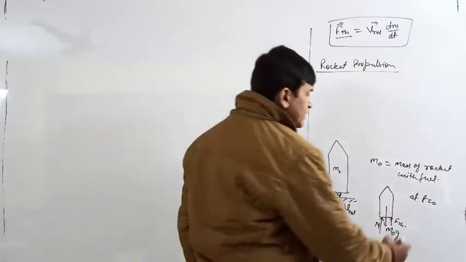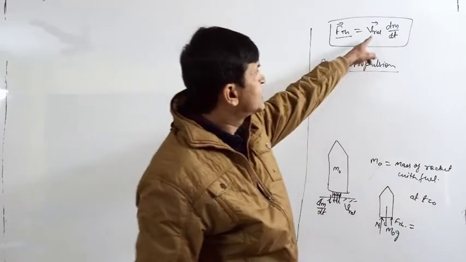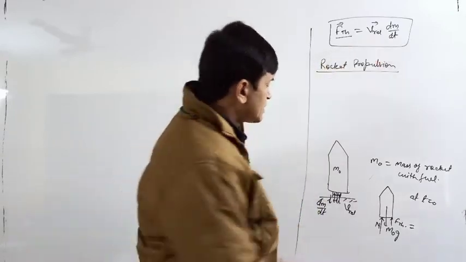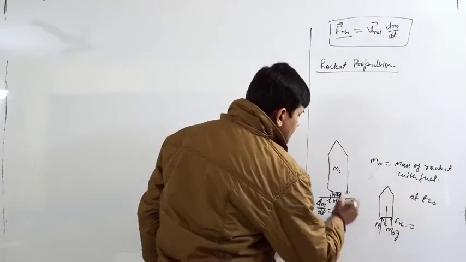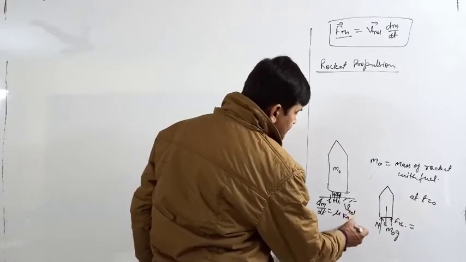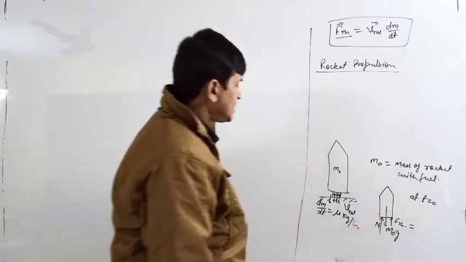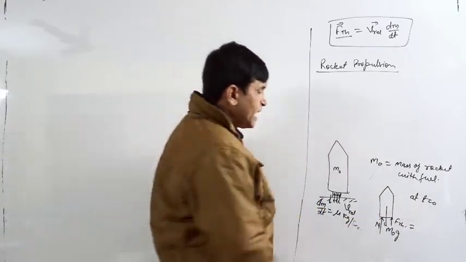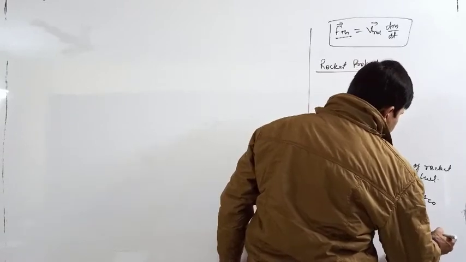The magnitude of thrust force, as you have considered the direction per your sign here: if dm by dt is mu kg per second, it means at this rate mass is decreasing, mu kg per second. F thrust is mu into V relative.